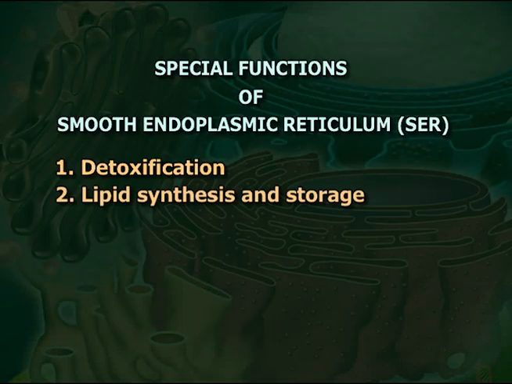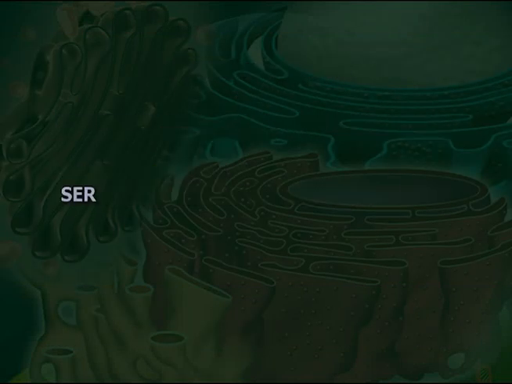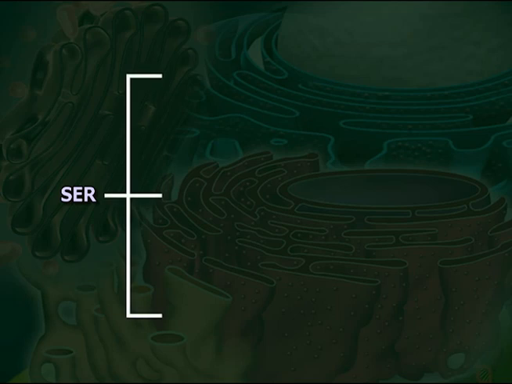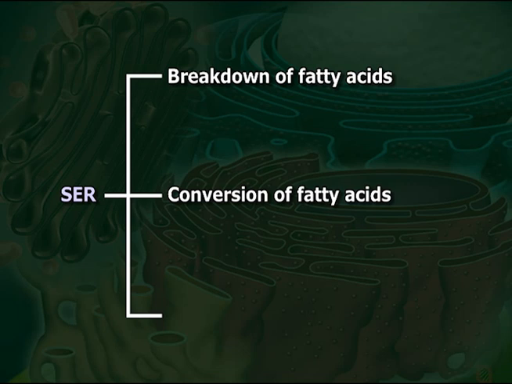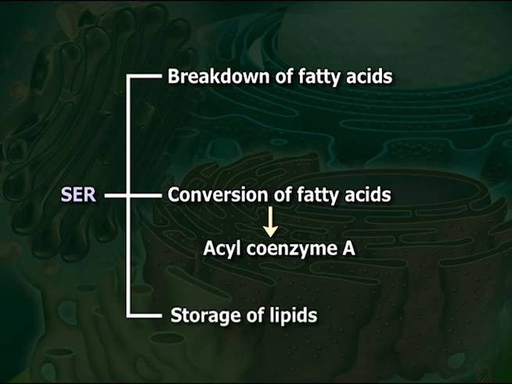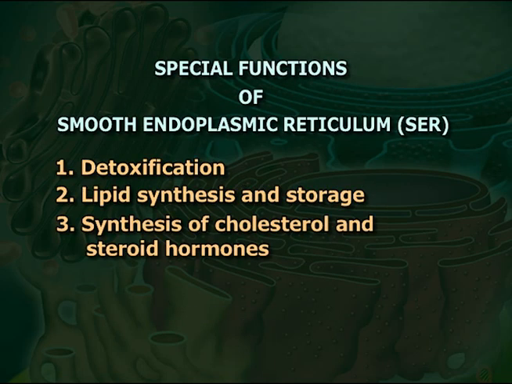Lipid synthesis and storage. SER is involved in the breakdown of fatty acids and in the conversion of fatty acids to acyl coenzyme A. The SER has been associated with the storage of lipids. Synthesis of cholesterol and steroid hormones.